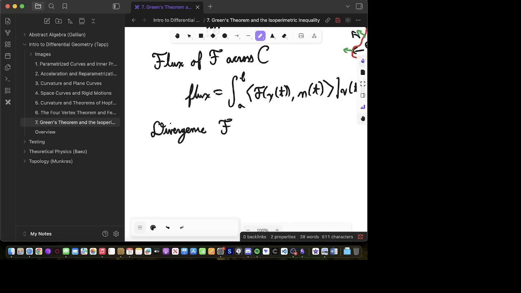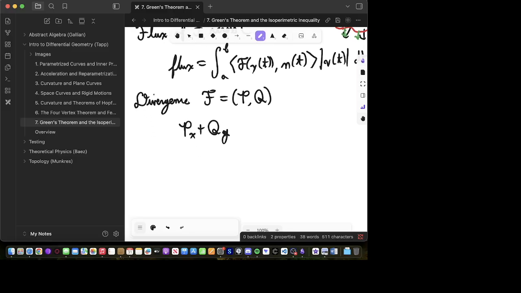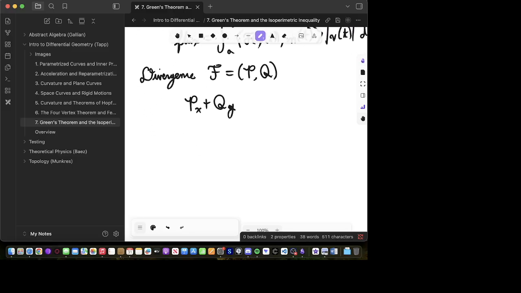We can also calculate the divergence of a vector field, and it is simply the partial derivative of p with respect to x plus the partial derivative of q with respect to y. And there is a flux version of Green's theorem.